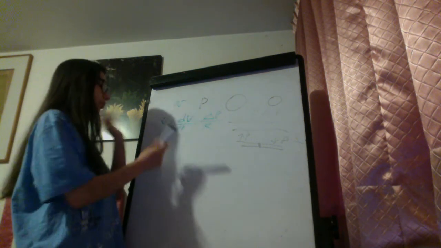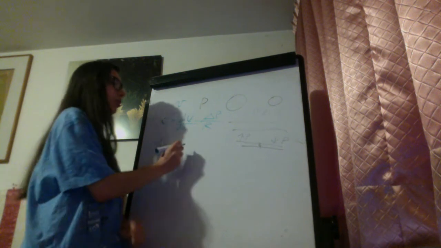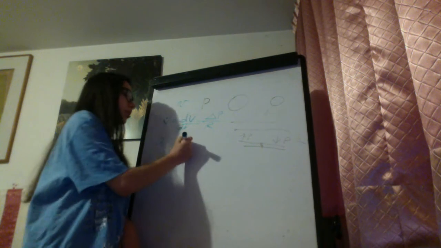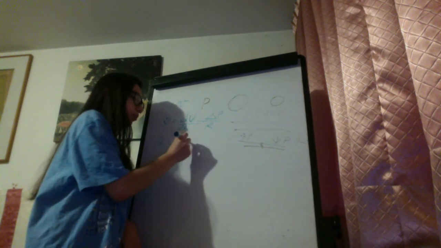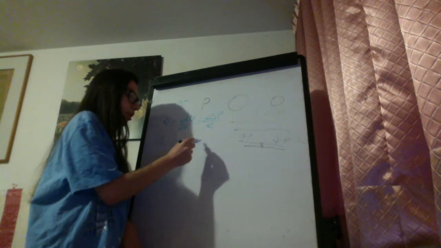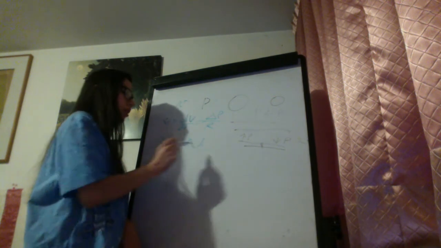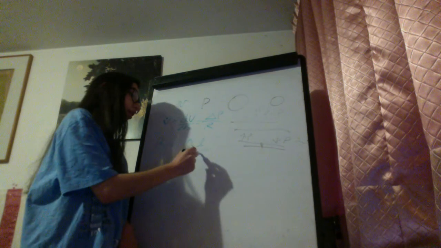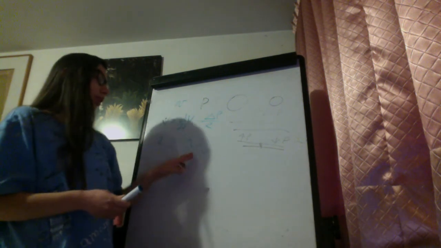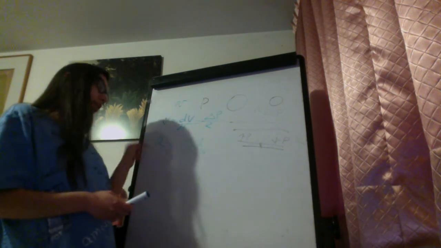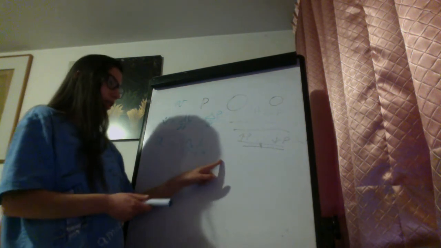Now, we know that the resistance, by Poiseuille's law, is equal to 8 times the viscosity times the length divided by pi r to the fourth power. So we know that if the radius increases by 2, the resistance decreases with the fourth power, so it decreases 16 times.